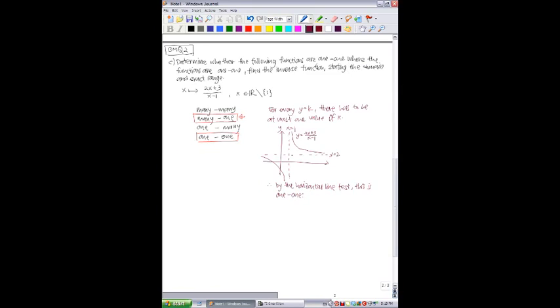Okay, so since it is 1-to-1, the next question is that we have to find the inverse function. When we find the inverse function, we let y equal the function first, and then we make x the subject of the formula.